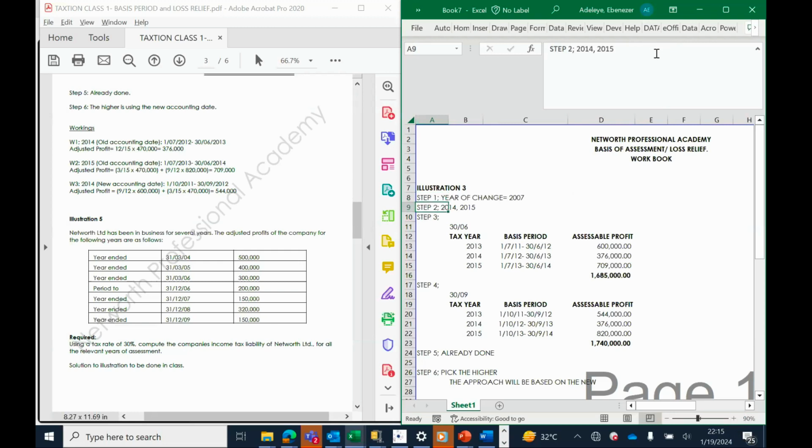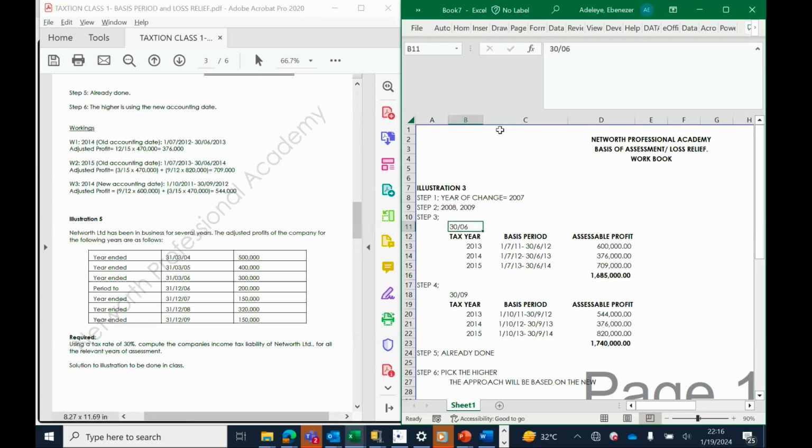But for step two, they said we should select the two years as 2008 and what? 2009. All right. 2008 and 2009. Then for step three, it says that we should compute using the old accounting date.